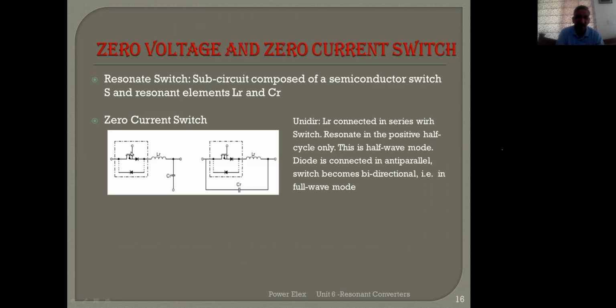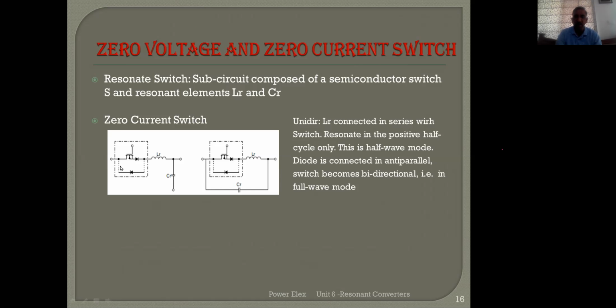Let us consider this is T plus or T minus, whatever. This is the diode across the switch. LR and CR is the resonating element. Then, if you want a unidirectional current, LR is connected in series with this switch and resonates in the positive half cycle only. Under this condition, this is typically a half wave mode.